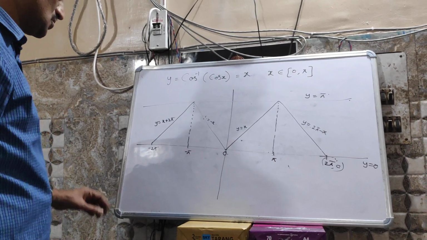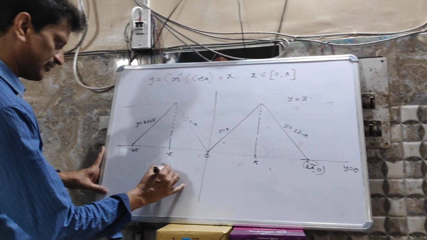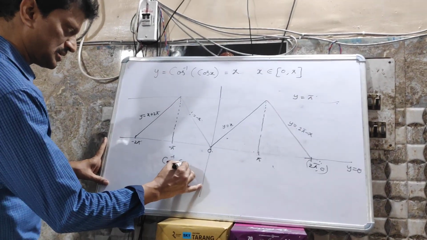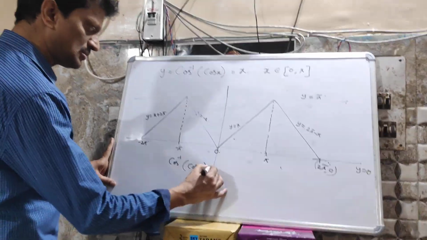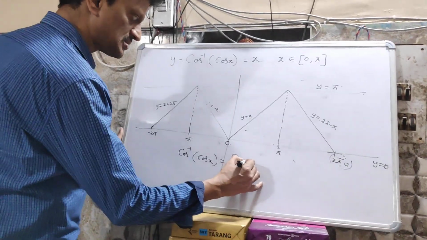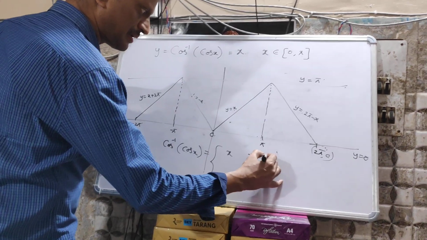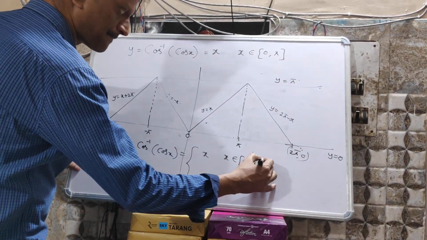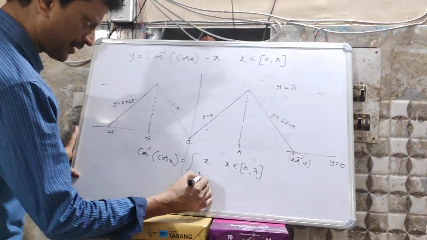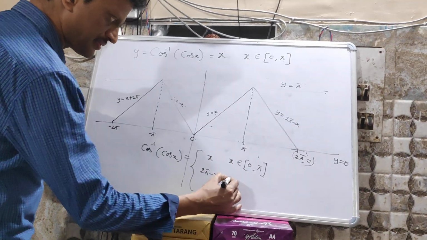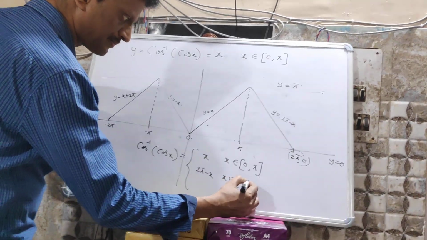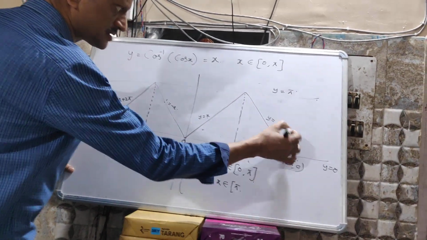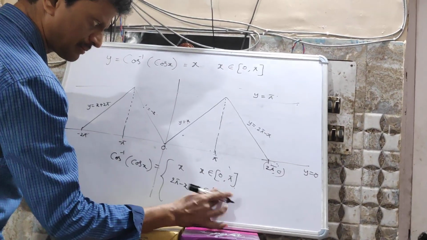Clear, students? So cos inverse of cos x I am writing for 2-3 intervals. What is the value of cos inverse of cos x? It is x when x belongs to 0 to pi, and 2 pi minus x when x belongs to pi to 2 pi.